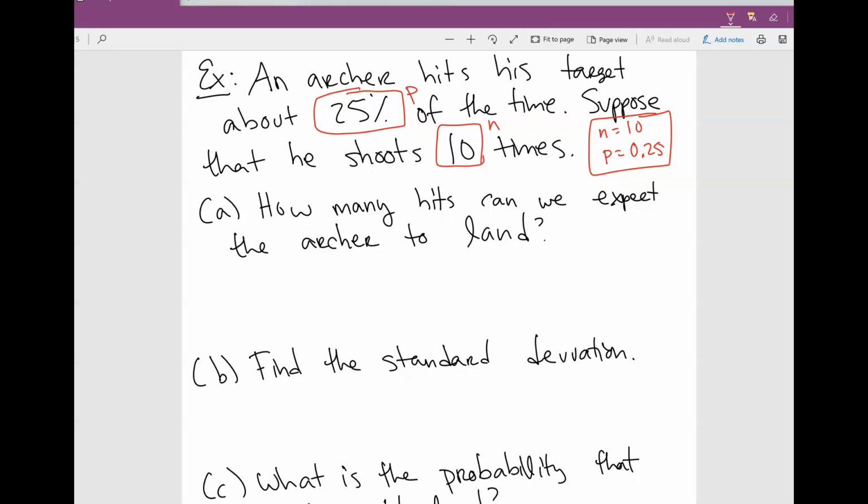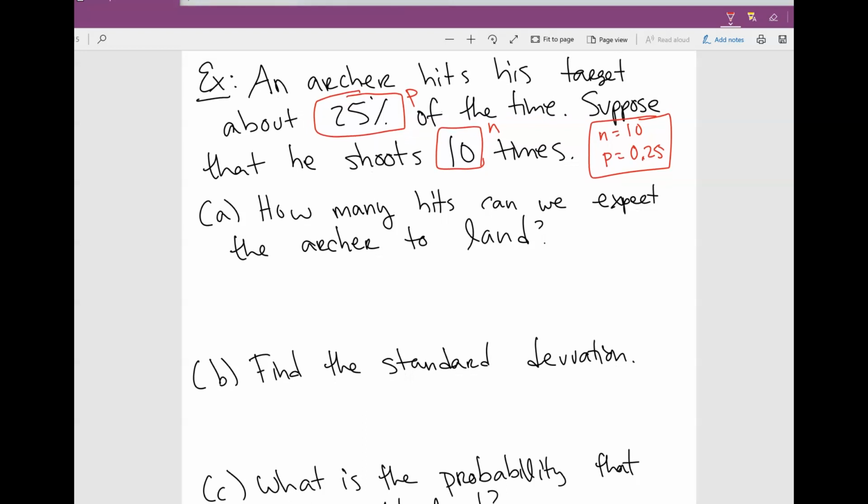For part A, we want to know how many hits we can expect the archer to land with his arrow. Notice that we're looking for the word expect.